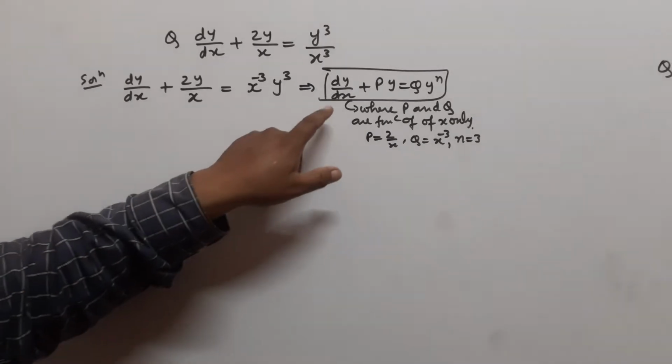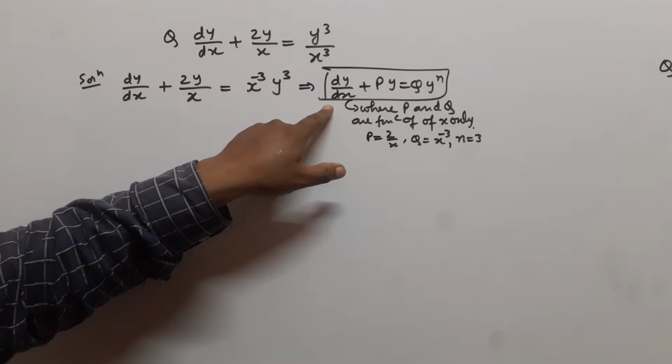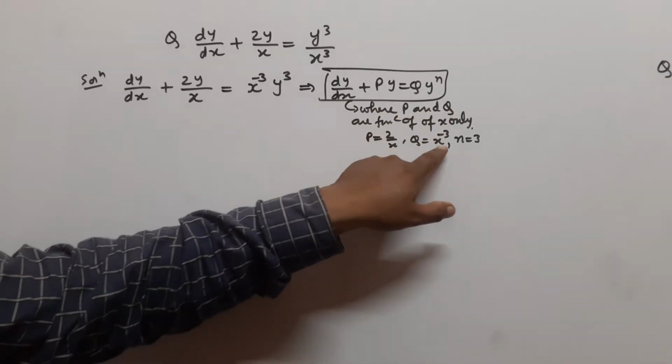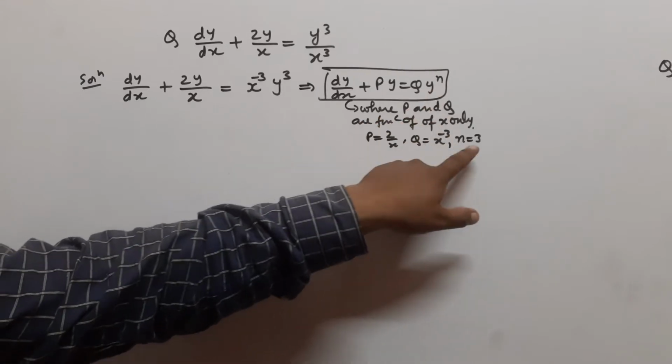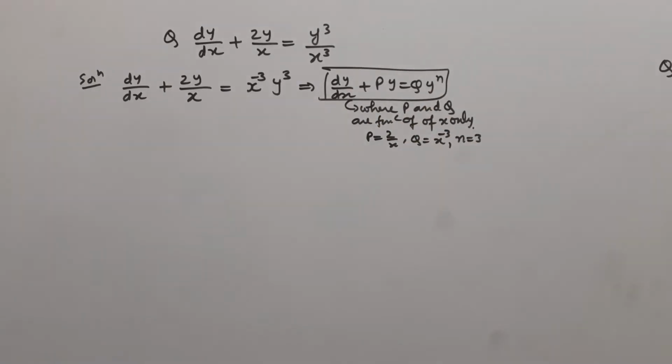According to the definition of the extended form of linear equation, P and Q both are functions of x and n is a constant other than 0 or unity.